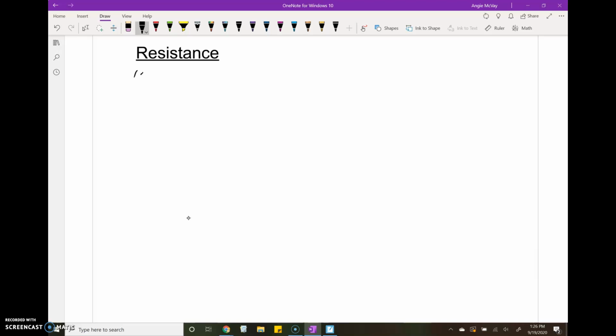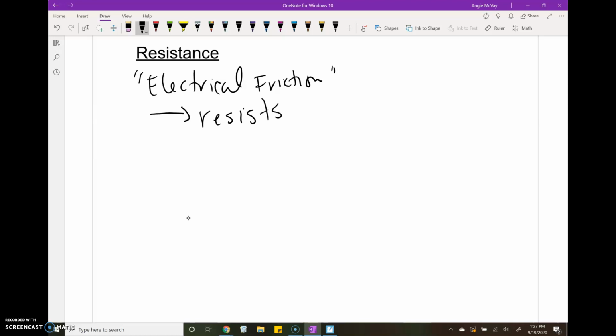And I like to think of resistance as electrical friction. Okay, so electrical friction: resistance is a property of a wire or a device that we put in a circuit. The resistance resists the flow of charge.